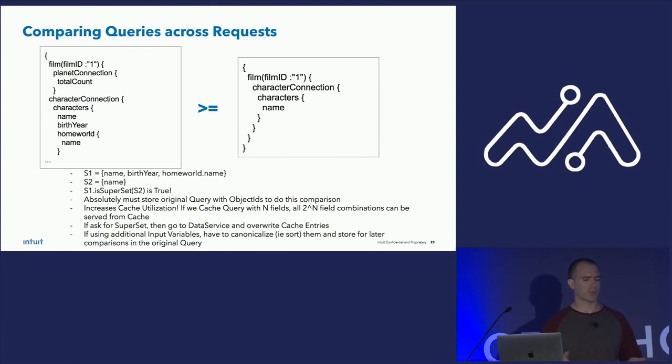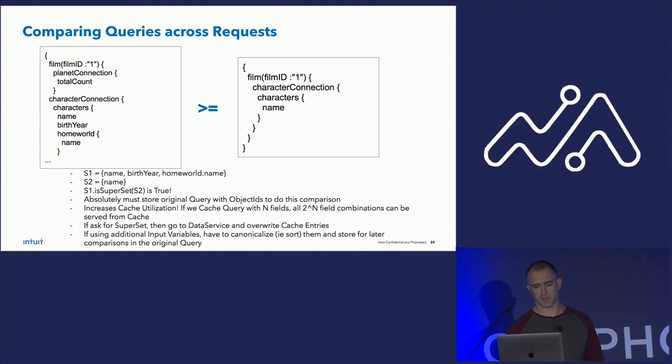And it works fine because it's just a canonicalized mapping of all these different things. So you say, okay, you asked for this set of information over here, and over here you asked for this set of information. Is what you're asking for over here a subset of this? Well, then it's safe to return.